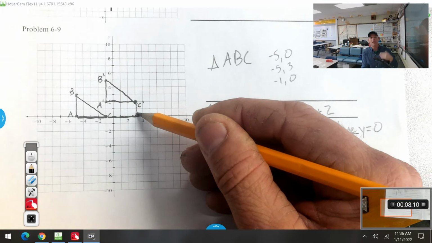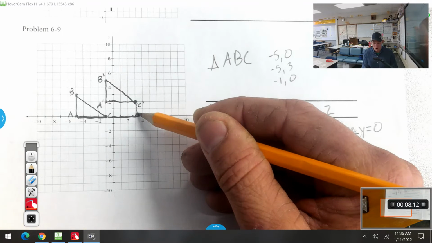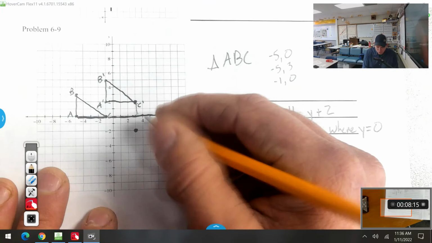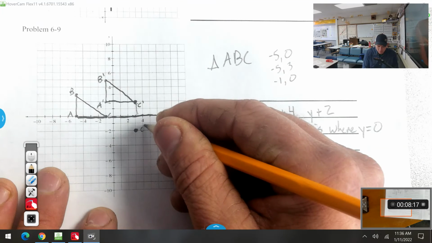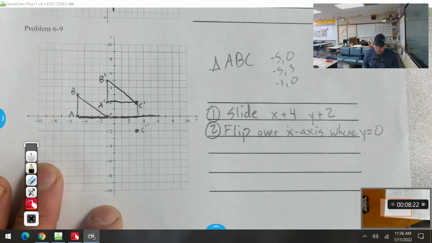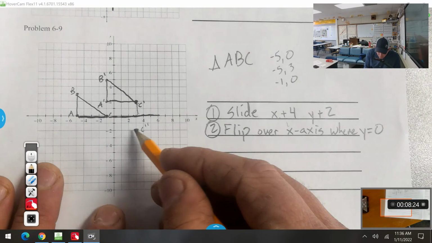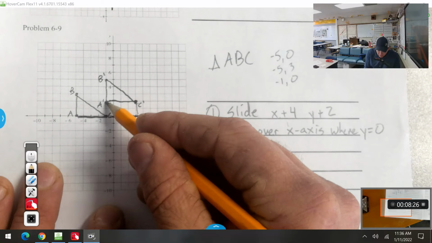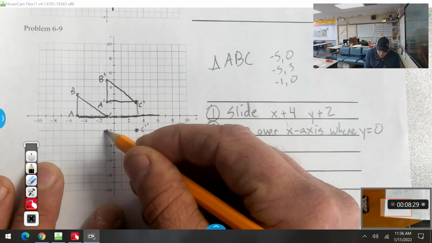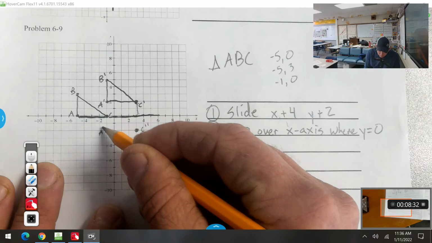That means when it is flipped, reflected over that axis, it is also going to be 2 units away. C double prime. And I'm going to do that with points A and B. I'm going to say, okay, here's A. It is 2 away, so I'm going to move it 2 away. There's A double prime.